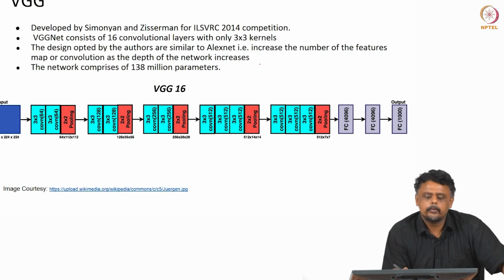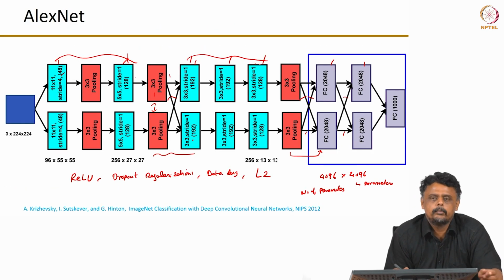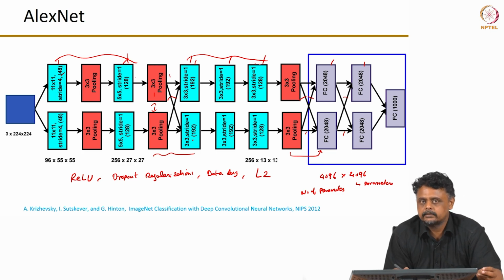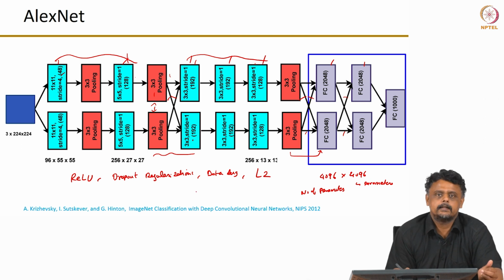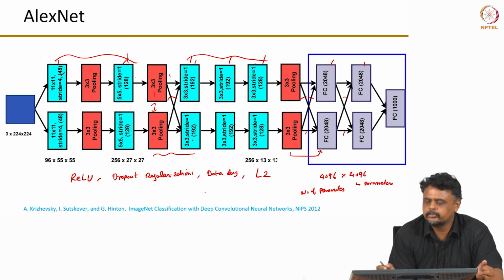Okay. So, in summary, AlexNet was the first CNN to be used for the ImageNet classification challenge, and it produced state of the art results at that time. Okay, so it had an error of about 15%, and a huge number of parameters, about 60 million of them, most of the parameters towards the decision layer.